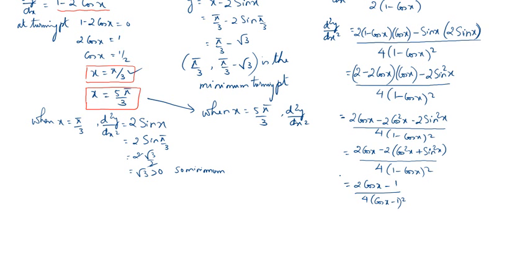Both are same. So 2 and 4 get cancelled. So numerator is cos x minus 1 by 2 into cos x minus 1 the whole square. We can cancel cos x minus 1 from both numerator and denominator, and we will get the answer 1 by 2 into cos x minus 1. This is the final answer.